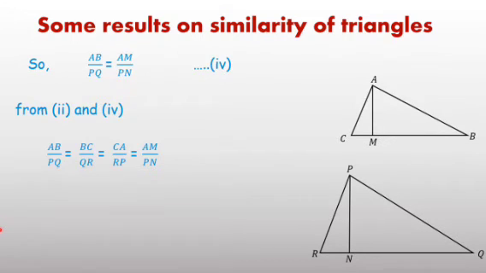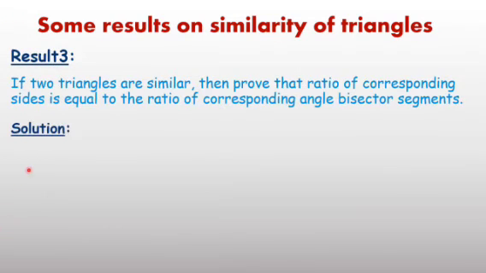Now third result, which is also important. If two triangles are similar, again apply the same process. Ratio of corresponding sides is equal to the ratio of corresponding angle bisector segments. In first result, I considered median. Second result, altitude. Now third one is for angle bisector.